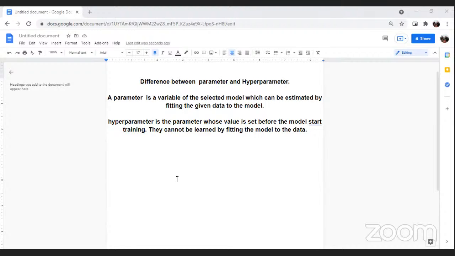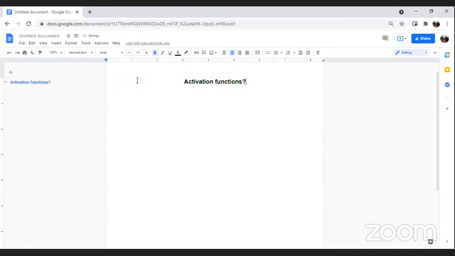Let's go to the next topic. So, what's an activation function?